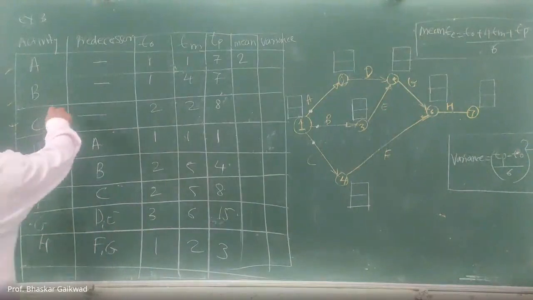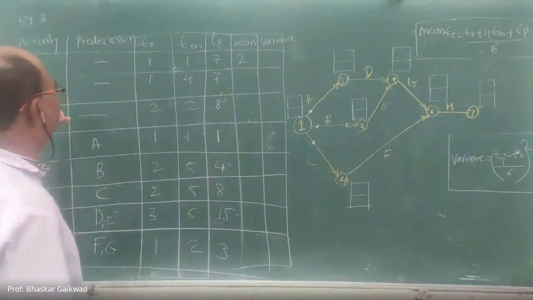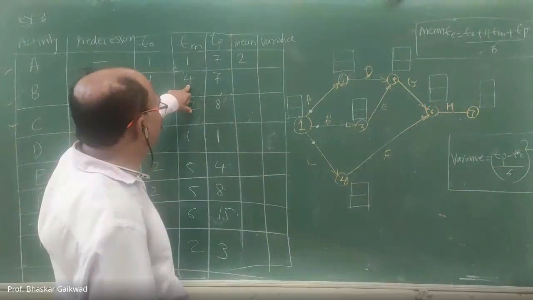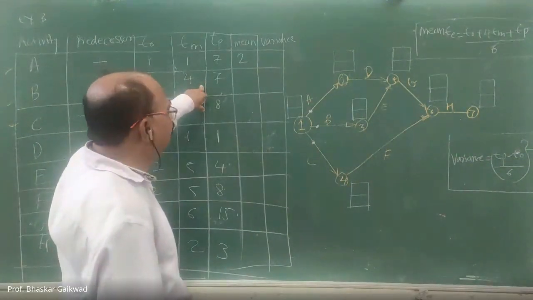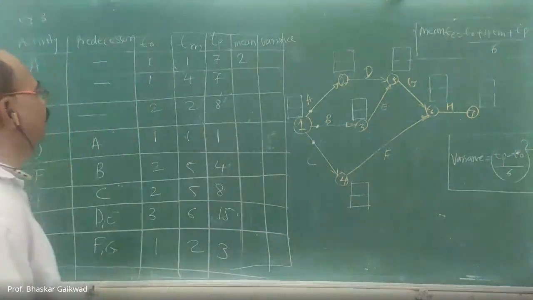Similarly, you can calculate the mean for B activity. So this is the B activity. 1 plus 4 into 4, 8. 8 plus 1, 9. 9 plus 7, 16. 16 divided by 6.